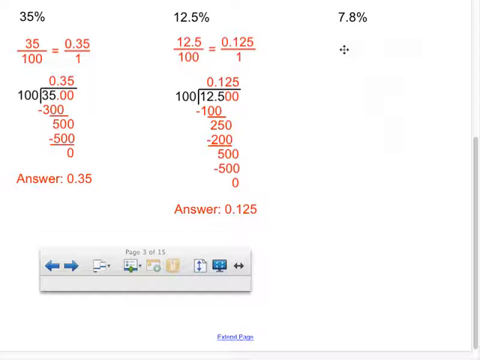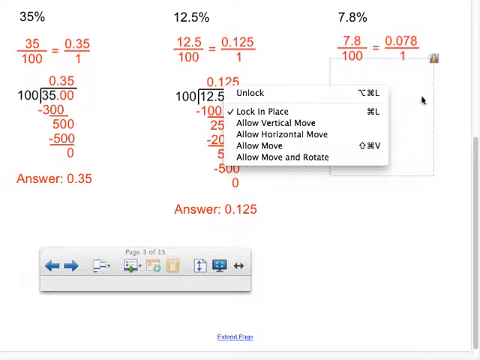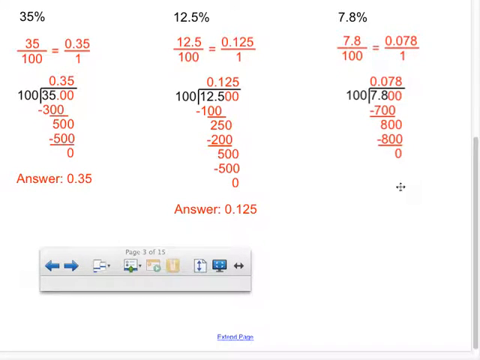Where's my decimal at? So tell me the digits with the decimal. Decimal 0, 7, 8. Okay, very good. So you said decimal 078. Well, the 8 is in the thousandths place. So it's 78 thousandths. So you say the number, and then you say the place of the last digit, 8. So it's 78 thousandths. Okay? So if you need to see that verified here, here's my long division. There's my answer. Very good, Chin.